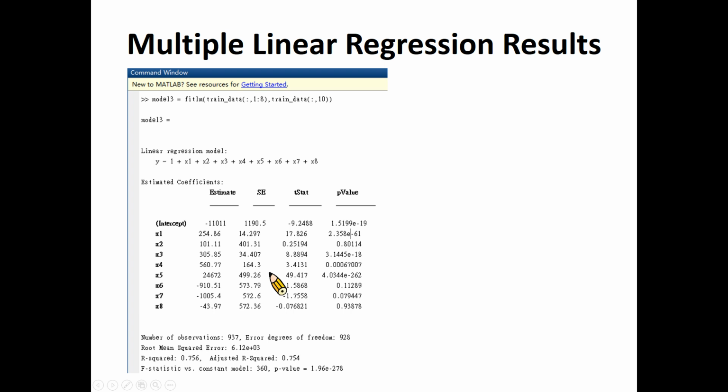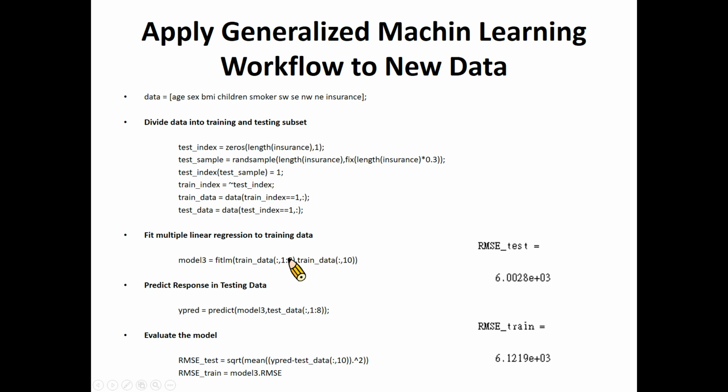So what are these variables? In the previous slides, we showed you that X1 is age, X3 is the BMI, body mass index, X4 is children, and X5 is smoker. So we can now conclude that age, body mass index, children and smoker are significant in predicting insurance claim.